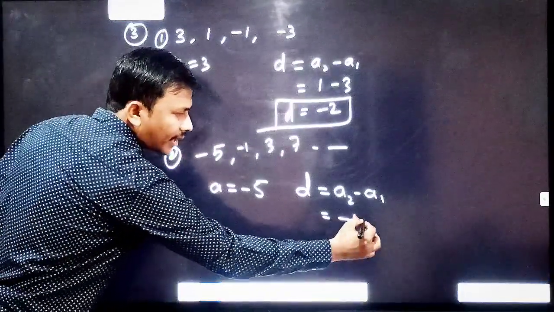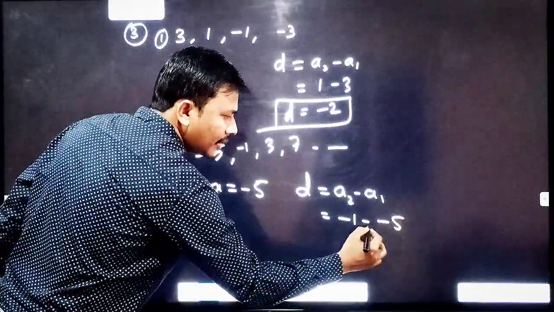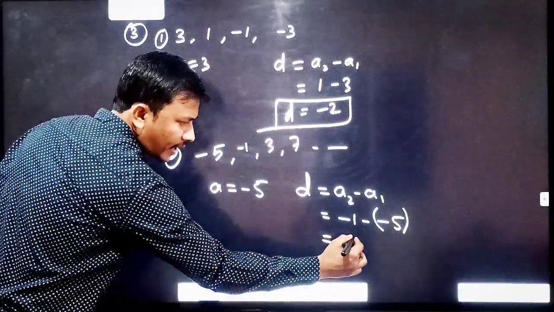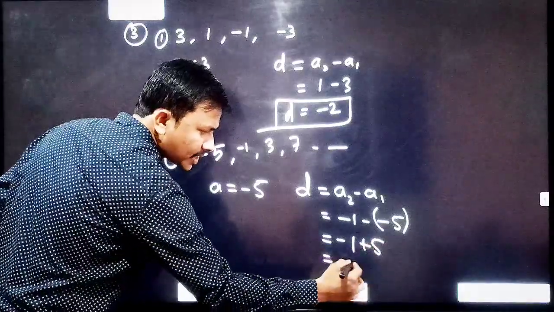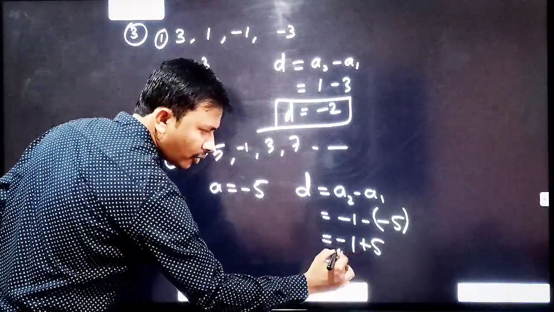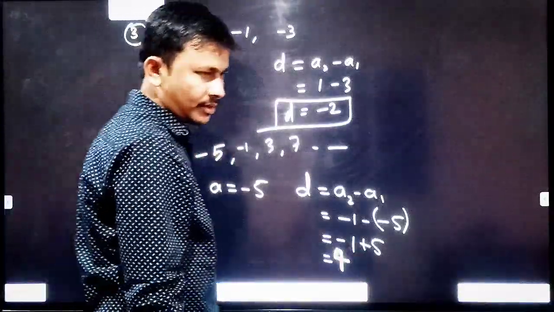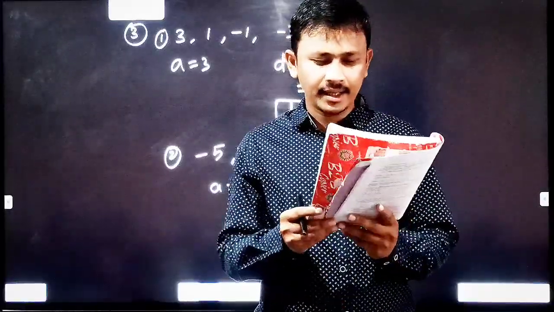Minus 1 minus, what is the first term? Minus 5. Double minus, you need to add one bracket. This is equal to minus 1, minus into minus plus 5. Minus 1 plus 5 is plus 4. Plus is there. Plus 4. Understood? This is the second answer.